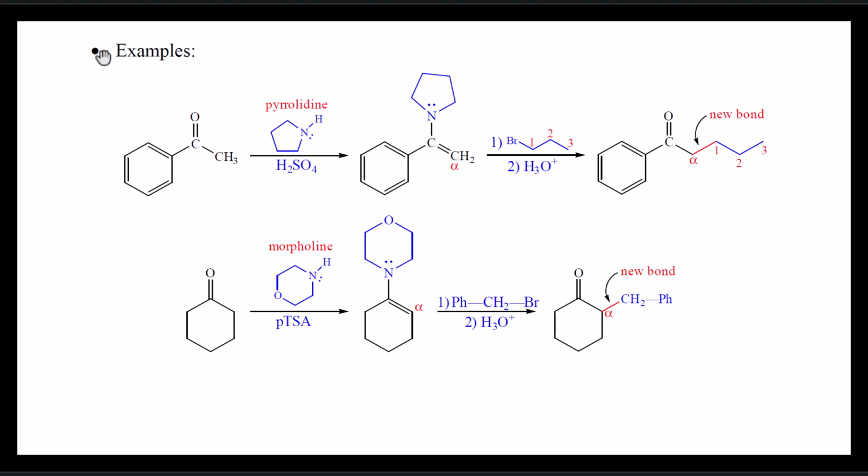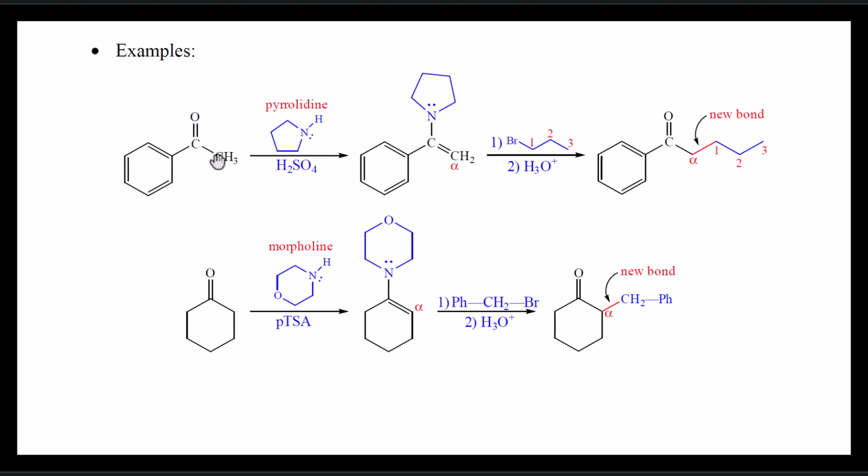Here are two examples showing actual reaction conditions and the overall sequence of both reactions. We can see here we start with a ketone, in this case acetophenone, and we use this secondary amine. This secondary amine is called pyrrolidine, and it's very commonly used for this reaction. We use sulfuric acid, and allowing these to react, we get our initial enamine.